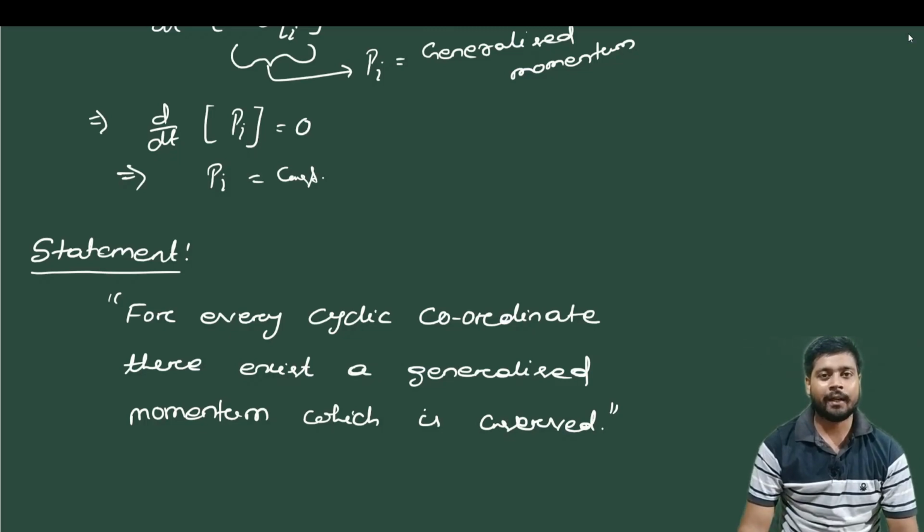From the cyclic coordinate, we got this statement: for every cyclic coordinate, there exists a generalized momentum which is conserved.